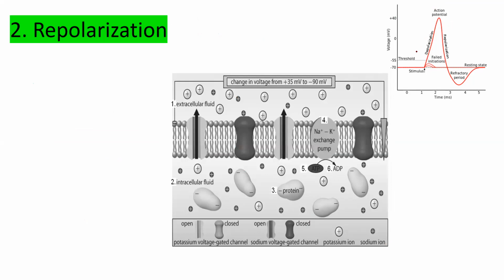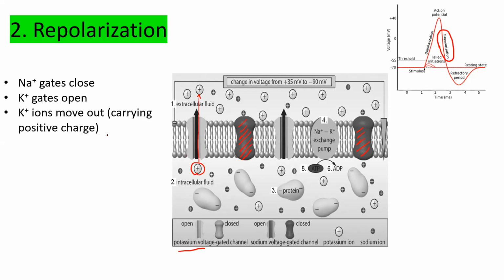Repolarization. Now we're on the other side of the spike, the action potential spike as we call it. What have you noticed? Well, the sodium gates have closed. And what's now open are the potassium gates. So that means potassium, these larger positive structures, are going to move out. Sodium gates close, potassium gates open. Potassium ions move out, carrying positive charge.